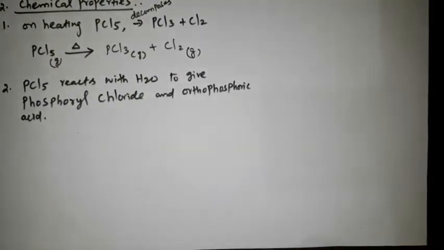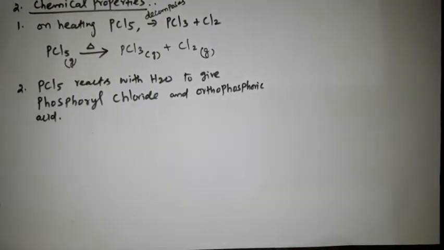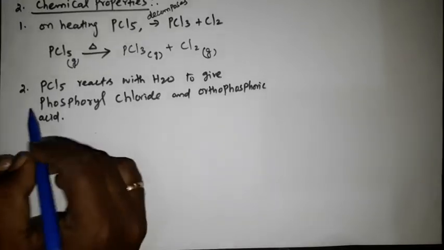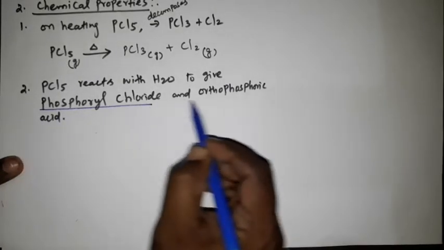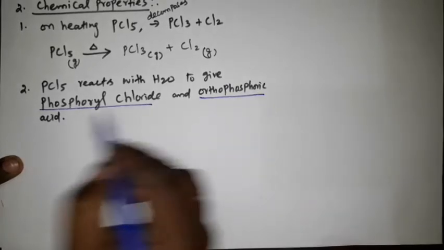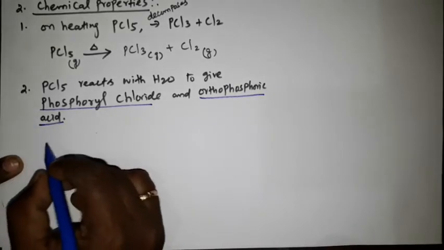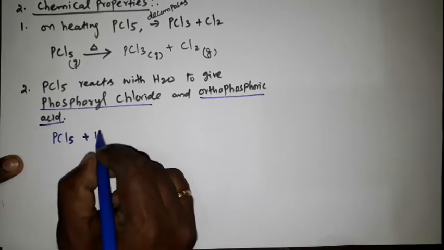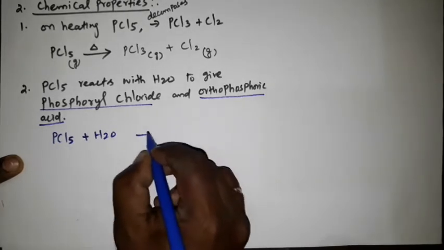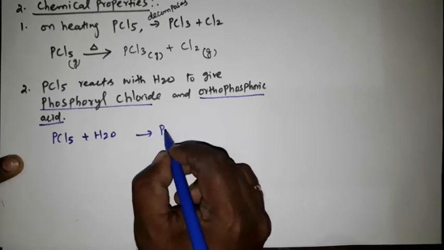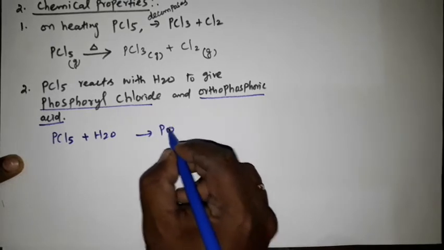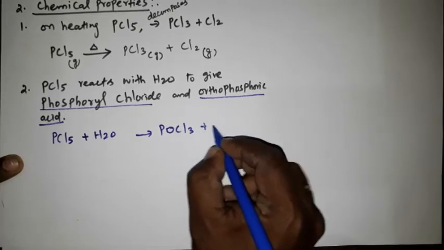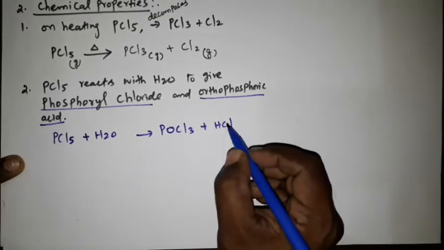So, when PCl5 reacts with water, it will produce phosphoryl chloride and orthophosphoric acid. PCl5 plus H2O, it will produce phosphoryl chloride, POCl3, plus HCl.